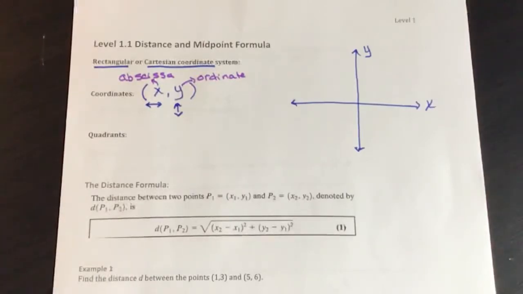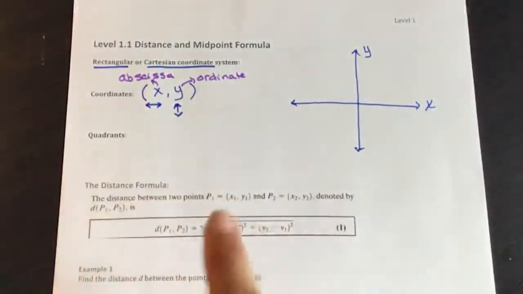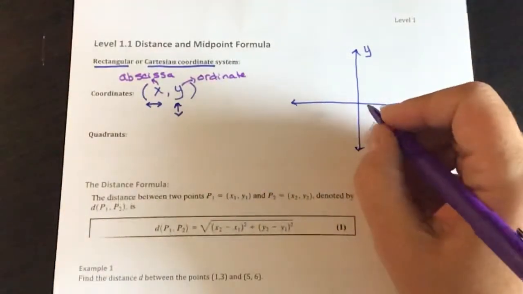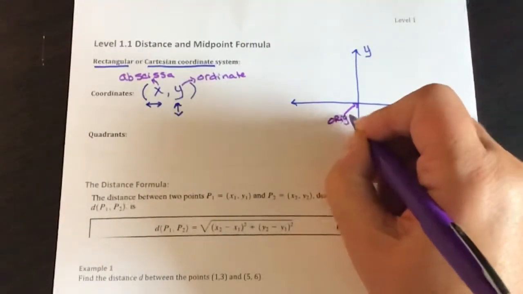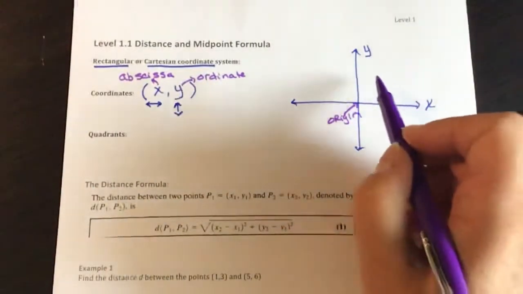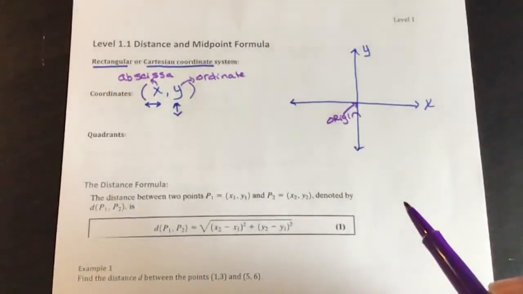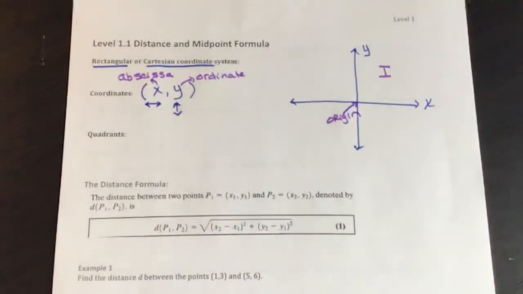Then we have the quadrants. And if I put a graph here and we have the x-axis and the y-axis intersecting in what we call the origin, each of these four spaces are called quadrants, and we usually name them by using Roman numerals.